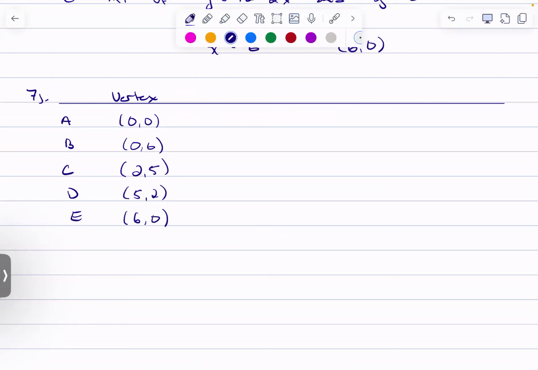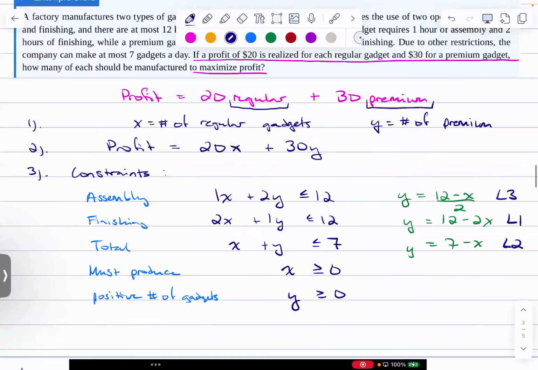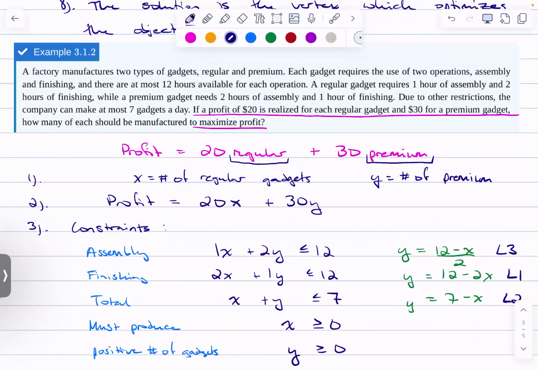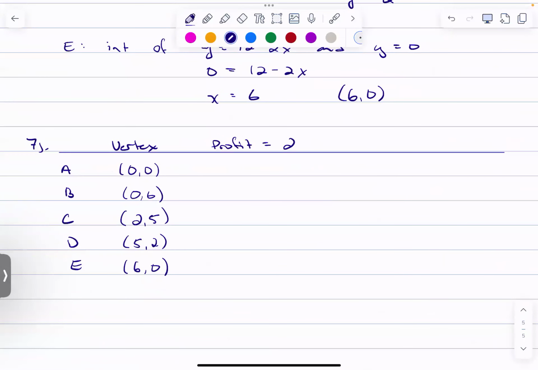We still want to maximize the profit. The profit, that's when we bring it back in. It's been a while, is 20x plus 30y. If x is 0 and y is 0, I get 0 profit.